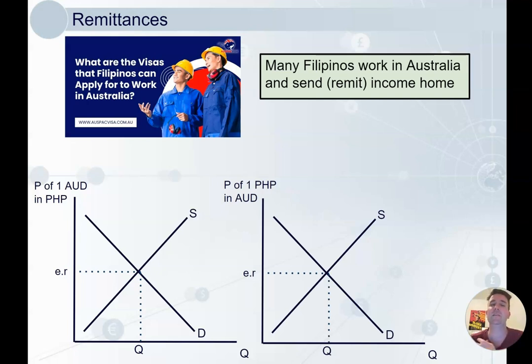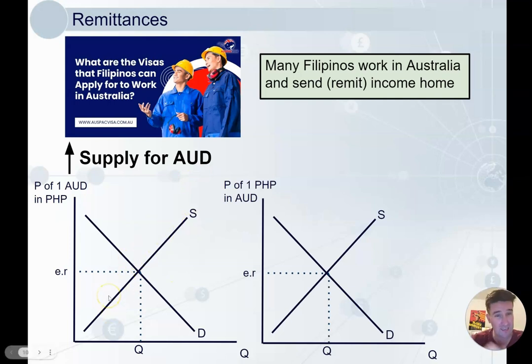Okay, remittances. This is another word that we're not super familiar with. It's when people are just sending money between countries, like households sending money between countries, right? So an example of this is we have many Filipinos come to Australia as workers, and they send, or remit, income back home to the Philippines. So what's happening here? There's an increase in supply of Australian dollars.